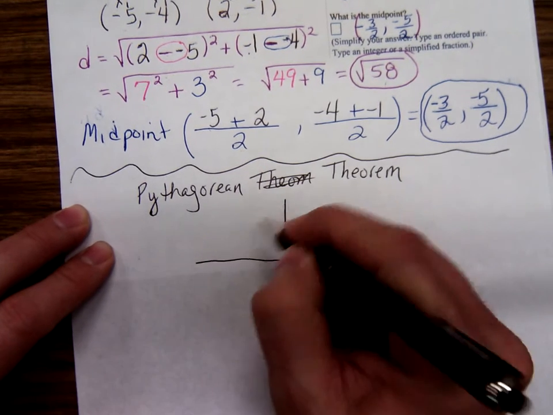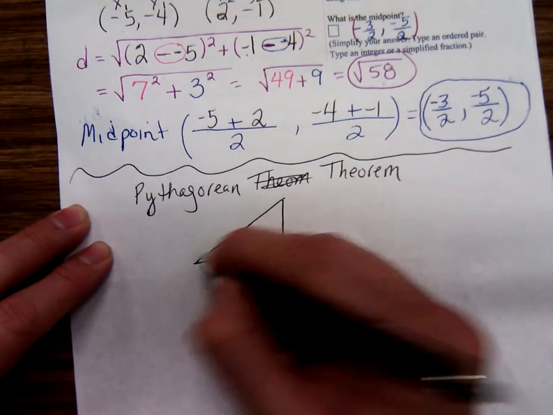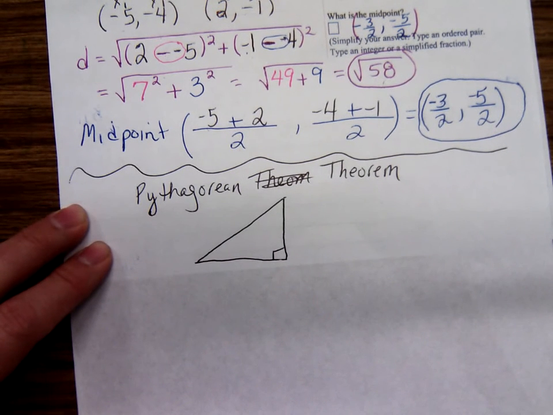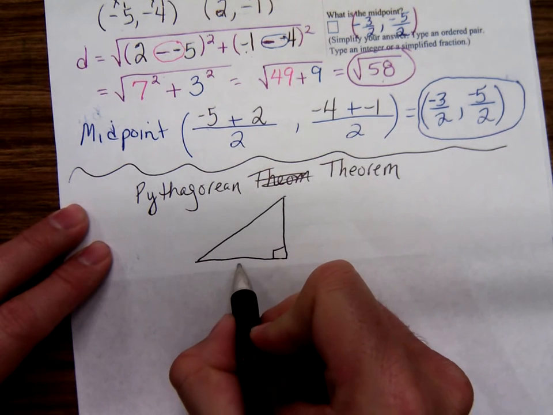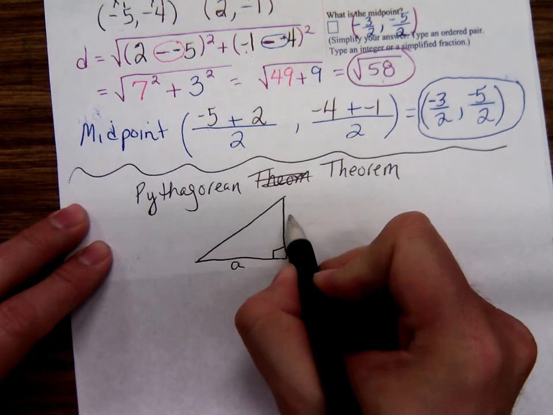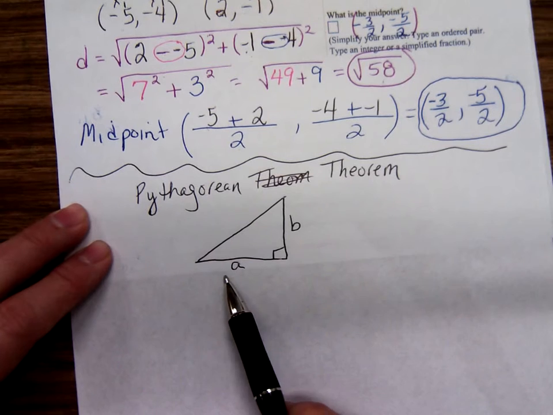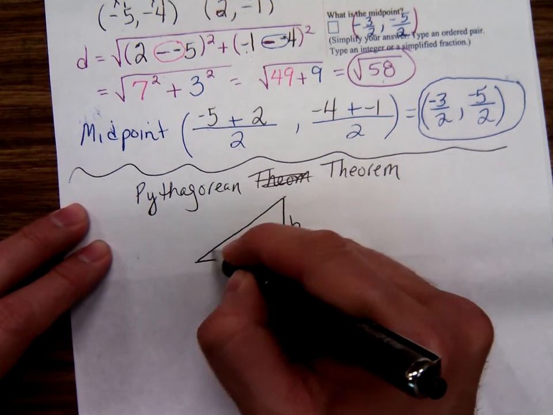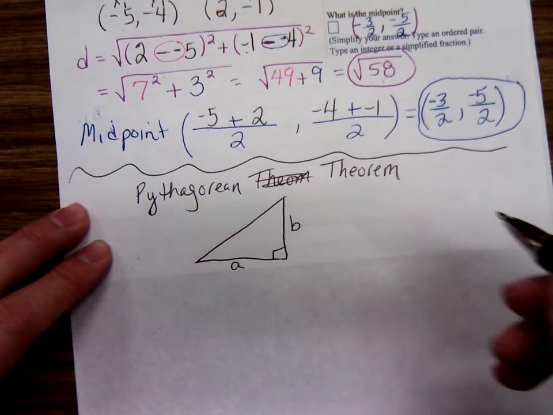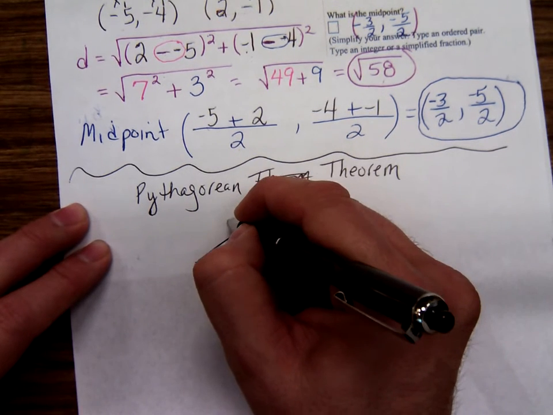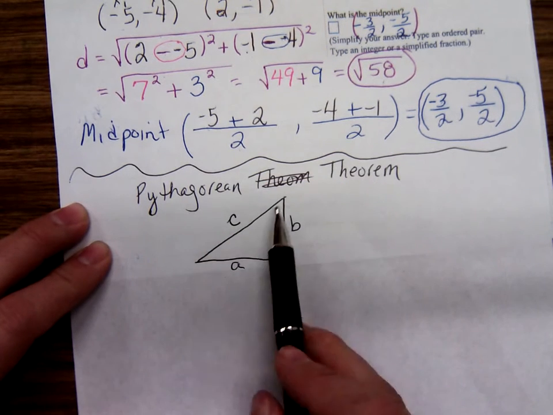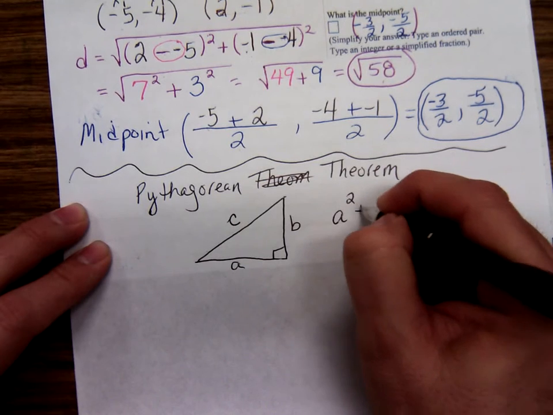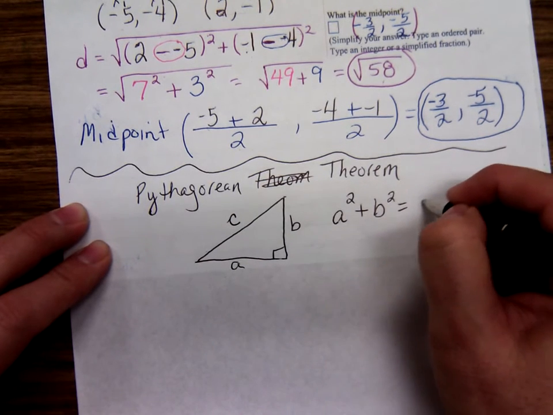If you have a triangle that has a 90-degree angle in it, the two short sides are called legs, and they're usually denoted with the letters A and B. Do you remember the name for the long side? It starts with the H. Hypotenuse. And we're going to denote the hypotenuse with the letter C. The Pythagorean theorem is a squared plus b squared equals c squared.